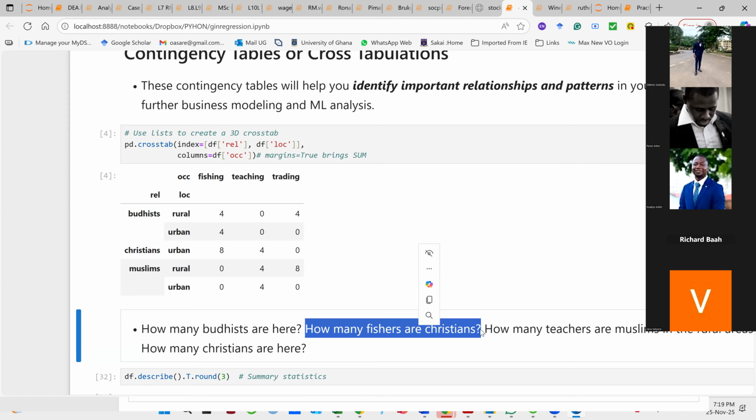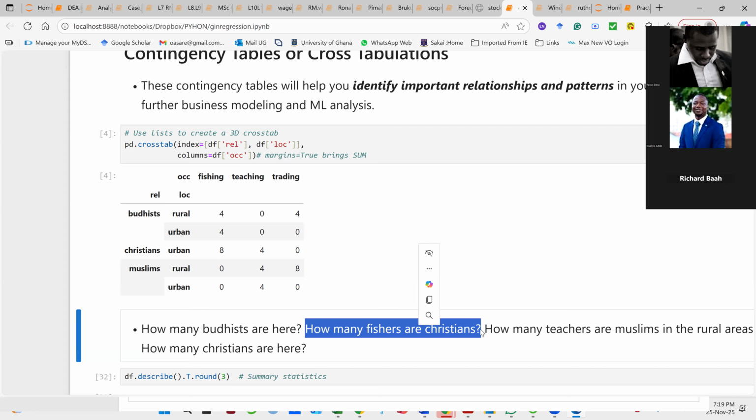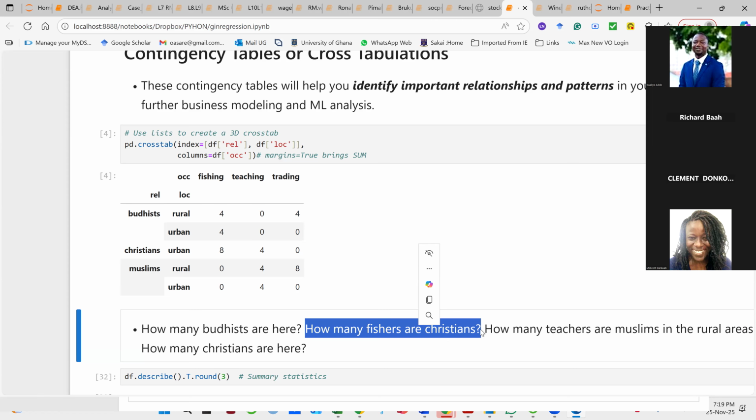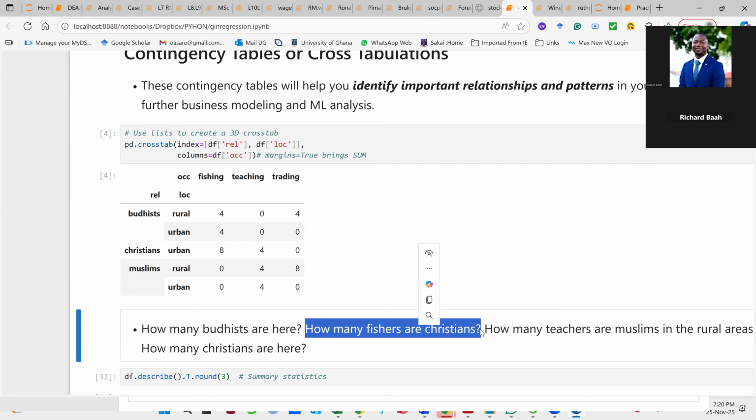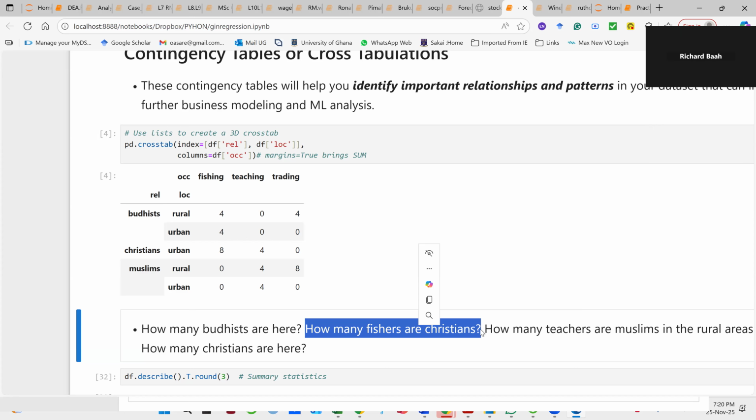But actually, how many fishes are in this data set? Clement? 16. That's correct. Very good. Because when you look at fishes, you go through this column. That is 4 plus 4 plus 8.